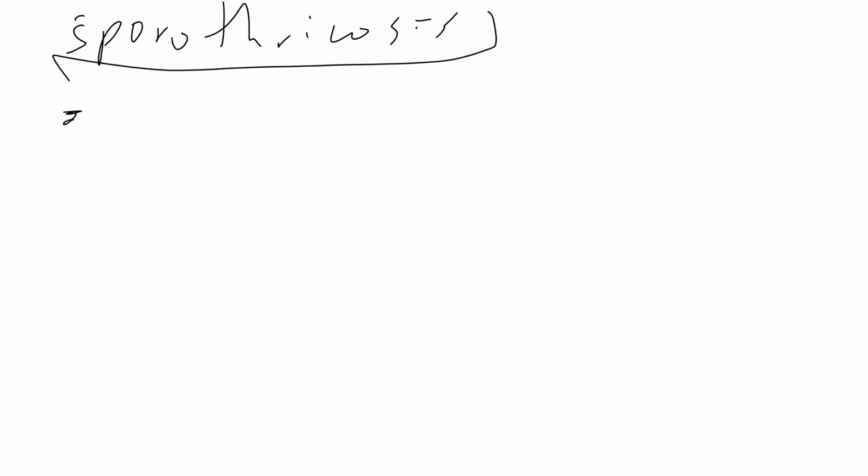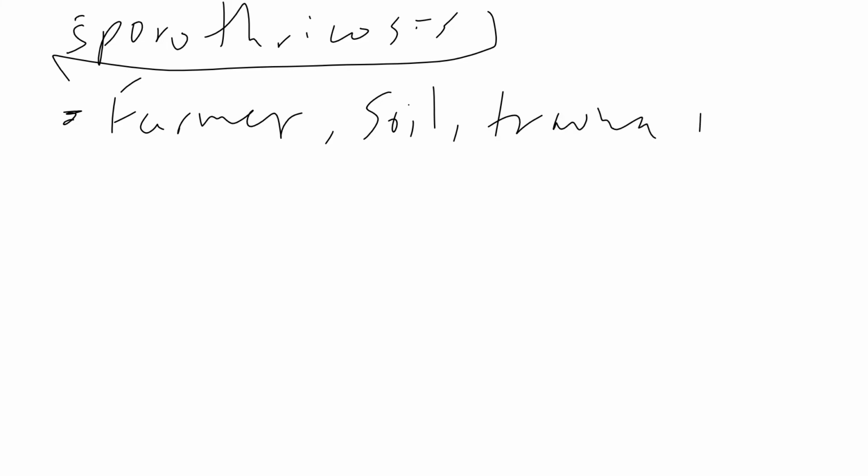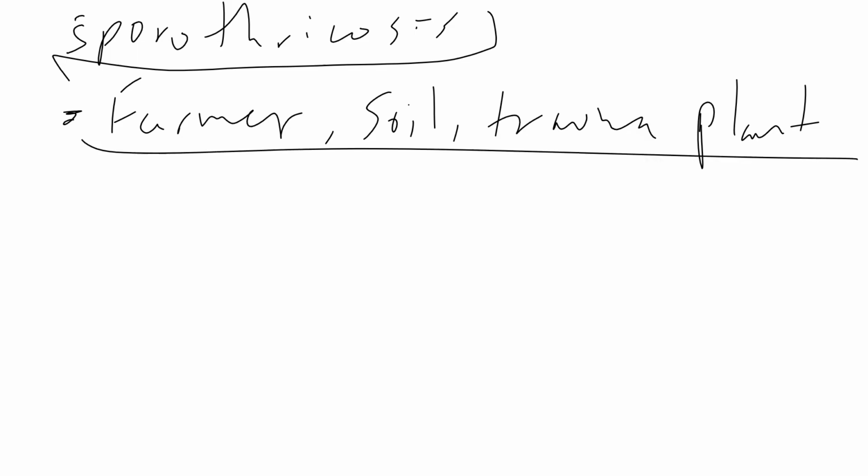So you want to make sure that this person is a farmer, works in a soil industry, had trauma from plants, something with the gardening area. Something that has to do with soil or gardening. They got hurt while doing that.